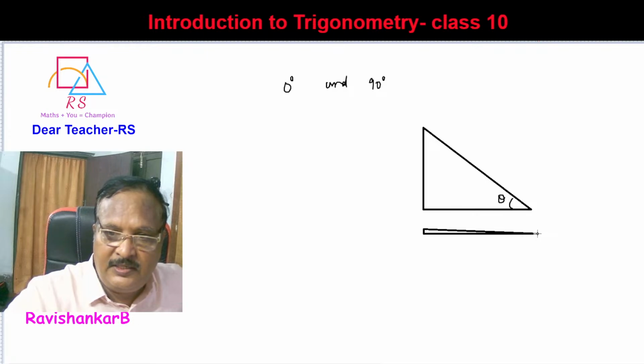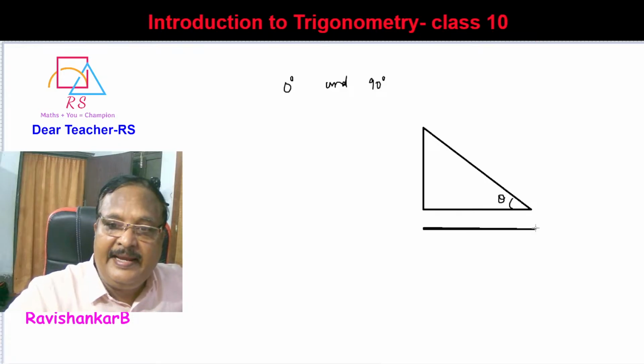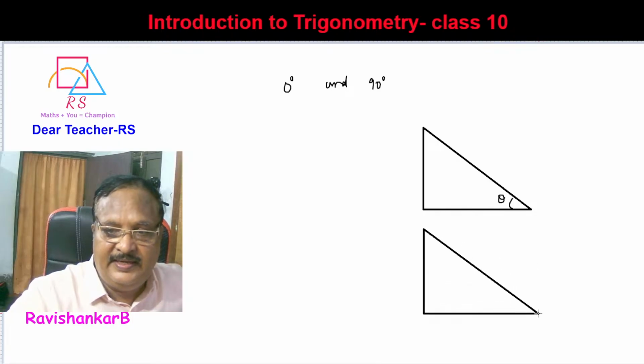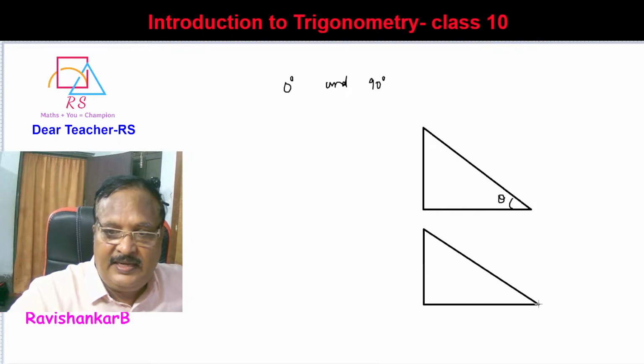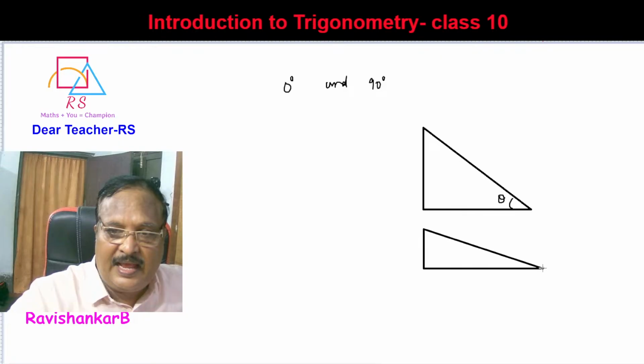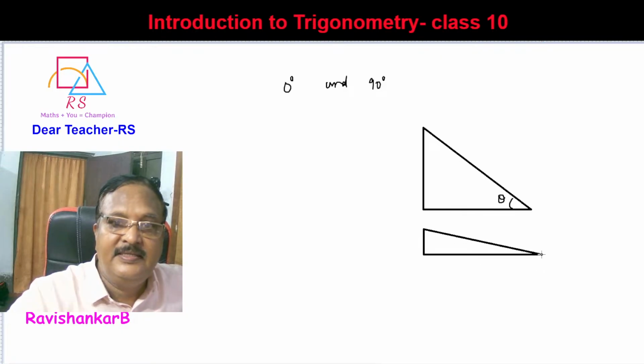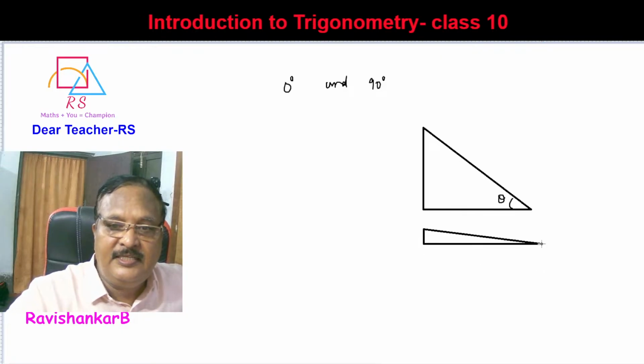The hypotenuse will come onto the adjacent side, so only one line remains. At this point, the angle is 0 degrees. So when the angle becomes 0 degrees, the opposite side becomes 0 and the hypotenuse comes onto the adjacent side.